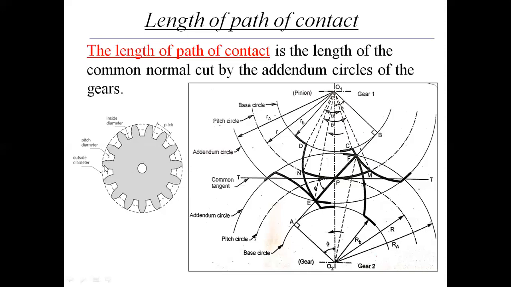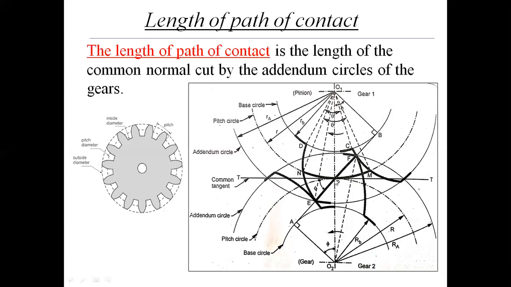And in between is the pitch circle. So the pinion has three circles: base circle, pitch circle diameter, and addendum circle diameter. The gear has base circle, pitch circle diameter, and addendum circle diameter.